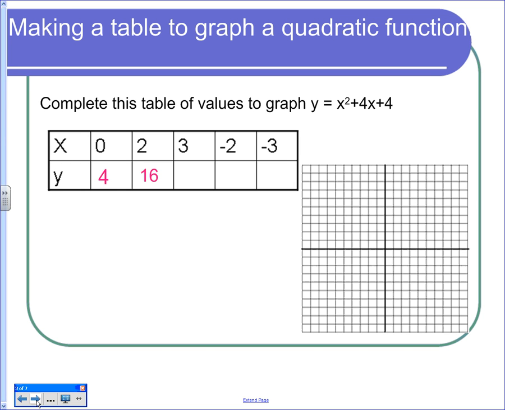We plug in 0 over here. And then what do we plug in to get 16? If you plug in 2, you get 16. Does that make sense?